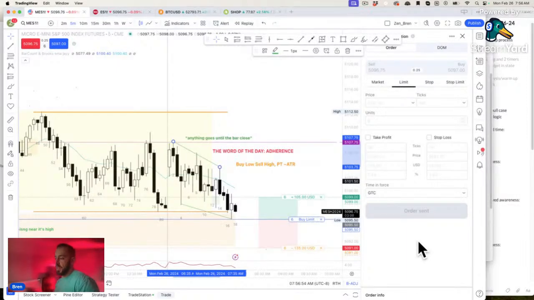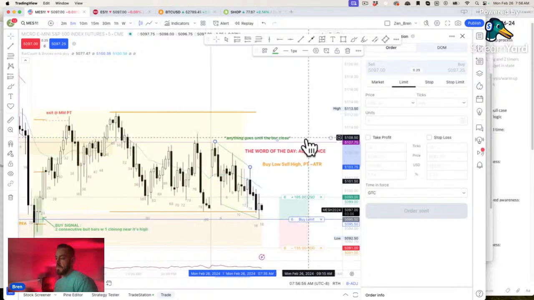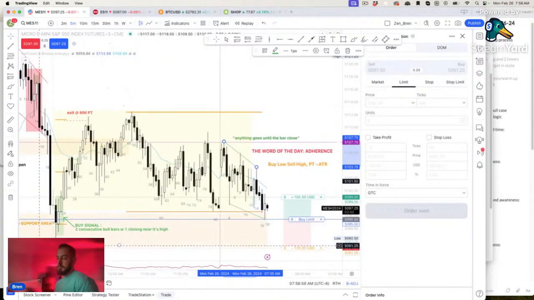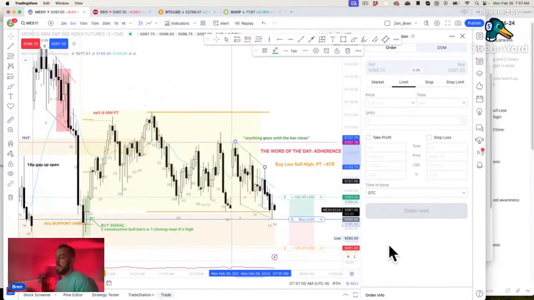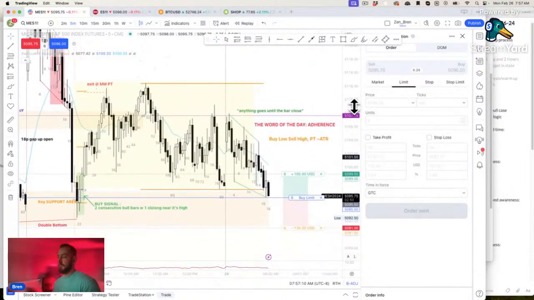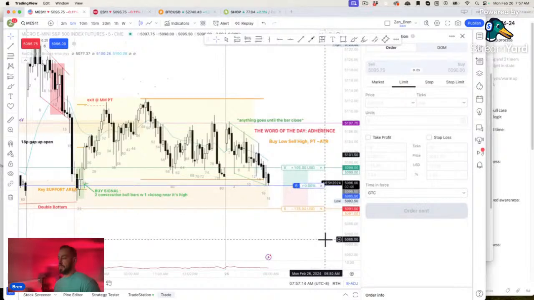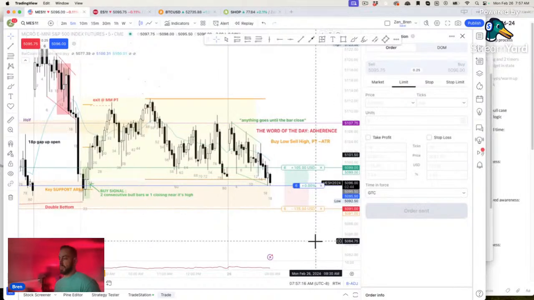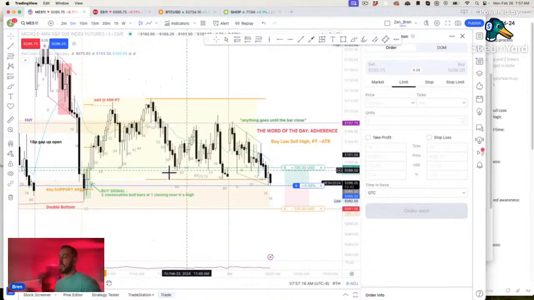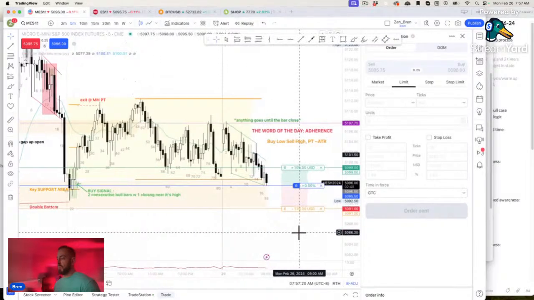Coming back into that support area. Key support area. So we watch what happens when we come into this zone. Getting long.